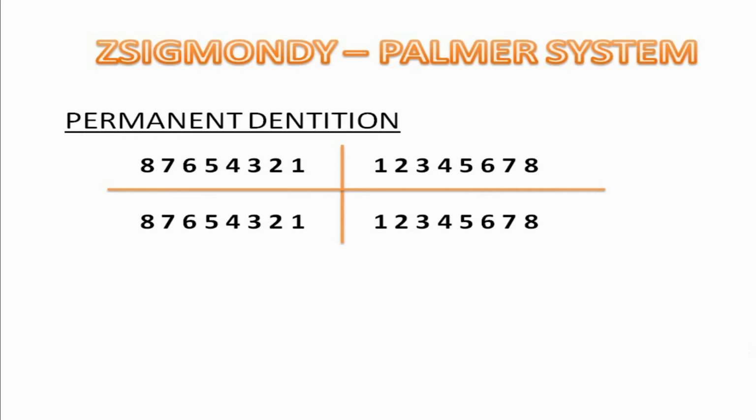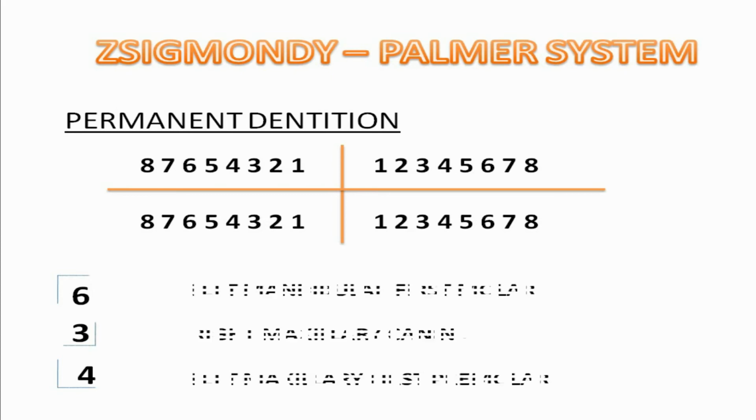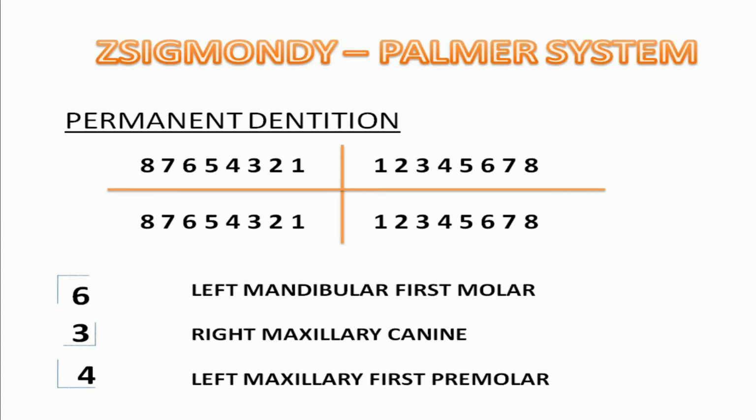So whatever the quadrant, the tooth number will be fixed. So this is the Sigmoid-Palmer system. It is very easy. Now we will see how it is notated as well as how we identify it. The first example is left mandibular first molar, the second example is right maxillary canine, and the third one is left maxillary first premolar.